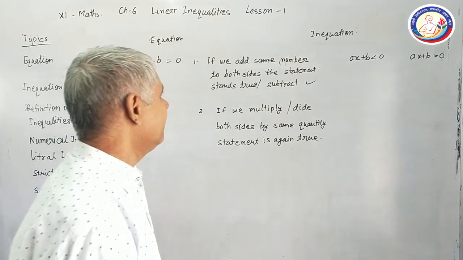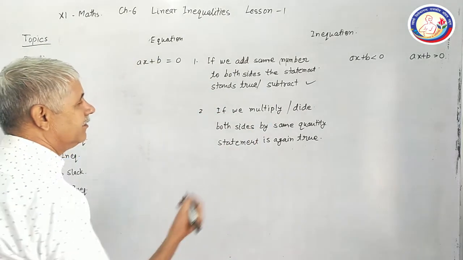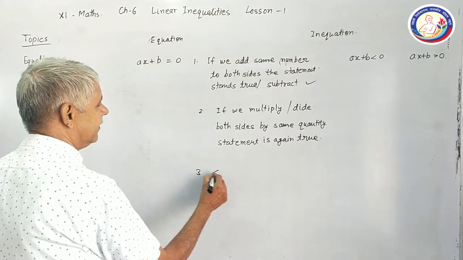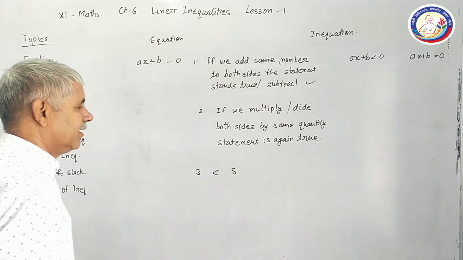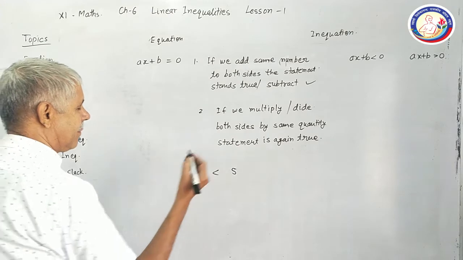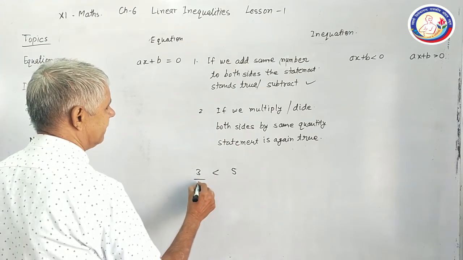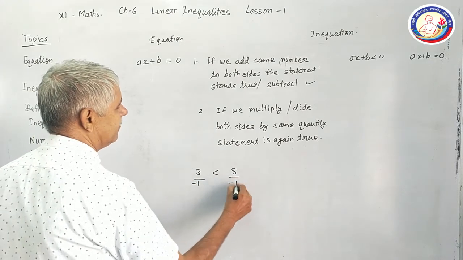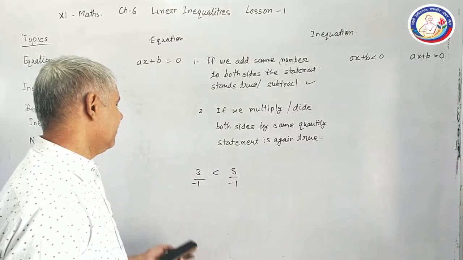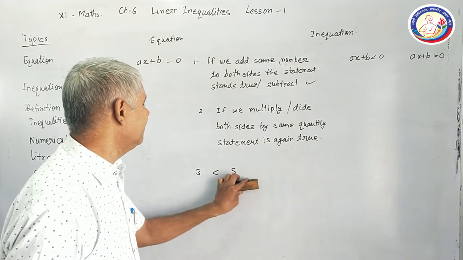Remember this. Now in addition, if there is an equation, let us consider an example. 3 is less than 5. Again I am taking the same example. If I divide it by a negative number, say minus 1, or multiply both sides by a negative number, or divide both sides by a negative number, what will be the result?